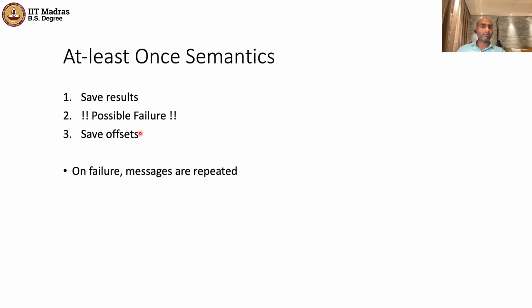It is still going to pick up from offset 10 because the saving of the offset to 11 has not happened yet. The failure occurred prior to that. But offset 10 being consumed means that the message will get processed and the result that gets computed is going to be a duplicate, because I've already processed it, I've already saved it, and I'm going to process it again because the failure occurred and I've started again.